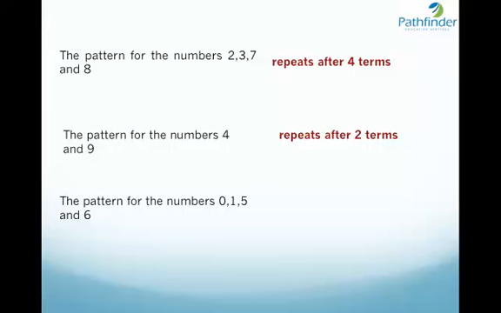Similarly, for any number whose unit digit is 0, 1, 5 or 6, the pattern will repeat after 0 terms. That means these numbers, when raised to any power, will always result in the same unit digit. For example, for any number which has a unit digit of 1, if you raise it to any power, the unit digit will always remain 1.